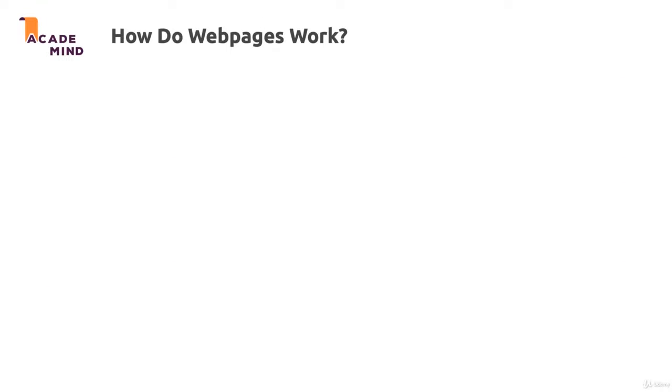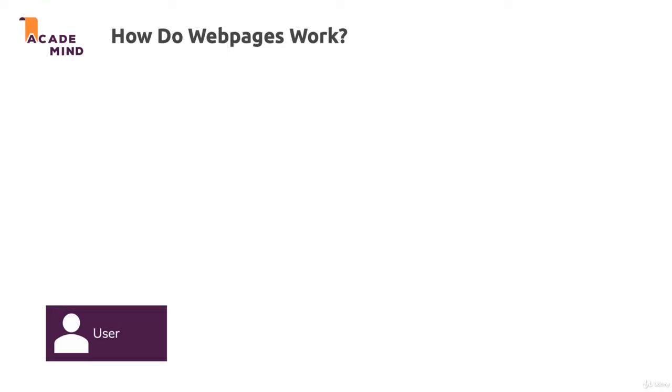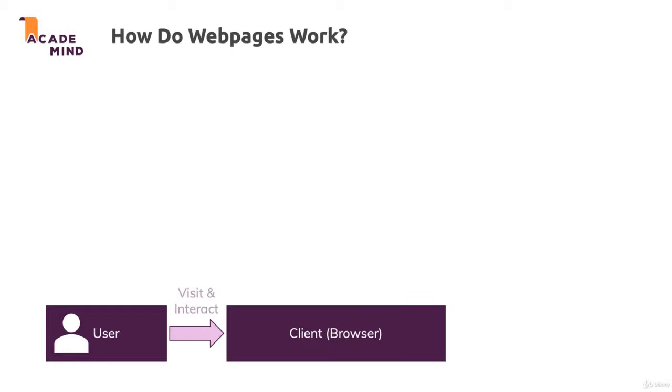You are the user visiting a web page, and when you do visit a web page, you use a browser for that. You use your client, your machine, your laptop, your computer, where you have a browser installed on it. You enter a URL or click on a search result on Google, and the web page gets loaded.